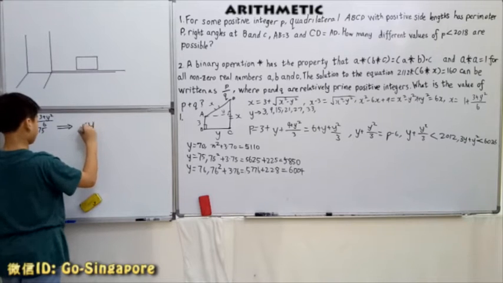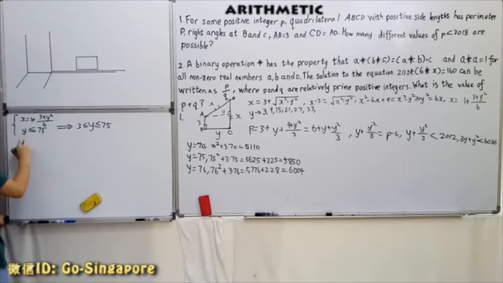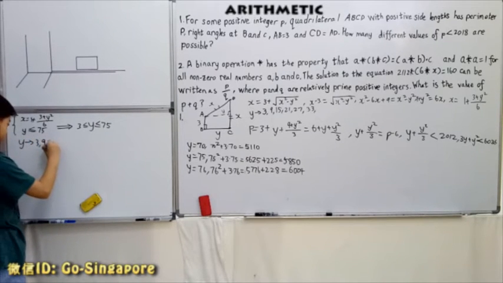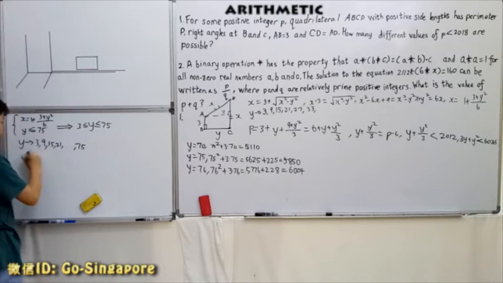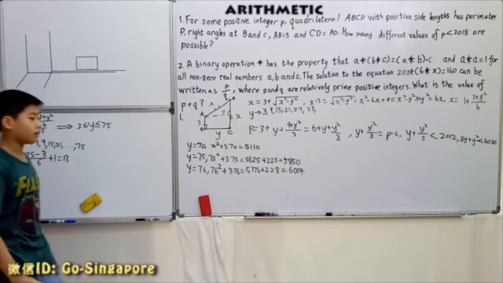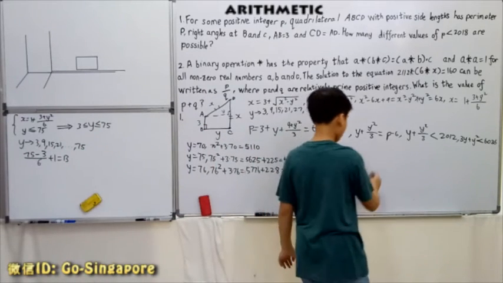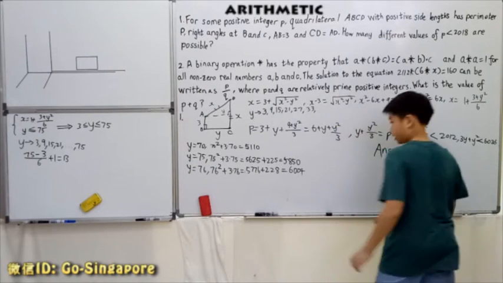So y bigger or equal to 3, smaller or equal to 75. So that means y is 3, plus 6, plus 6, plus 6, all the way until 75. So 75 minus 3 over 6 plus 1, that is 13, and that is actually our answer. So our final answer should be 13.